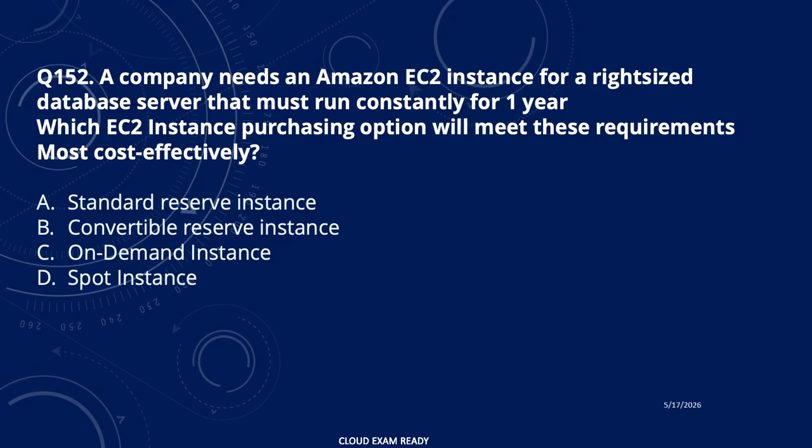Okay, so the company wants an EC2 instance for their database server and it needs to run consistently for 1 year, and we need to find the most cost effective option. So we have options. Option A, standard reserved instance. B, convertible reserved instance. C, on-demand instance. And D, spot instance.